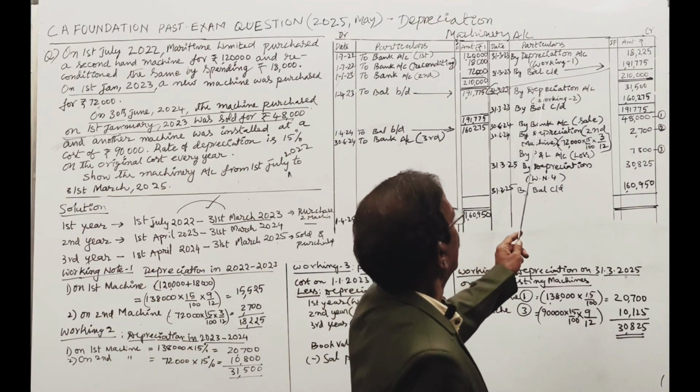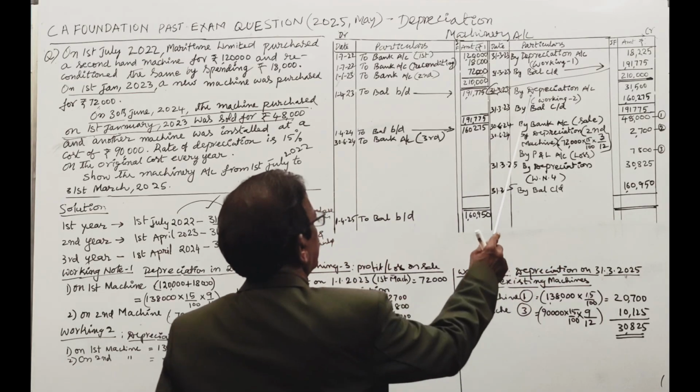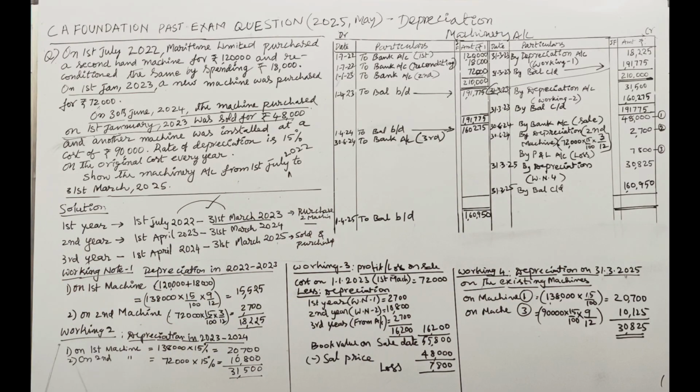Right? While putting depreciation on the credit side, you need to open a working note like this. Working 2, depreciation in 2023-24, that is the second year. While calculating the depreciation, you need to be very careful. In the second year, how many machines do we have on hand, and for how many months did each machine work, means used, whether you practically use it or not, but machines are there. So how many machines are there from beginning to ending?